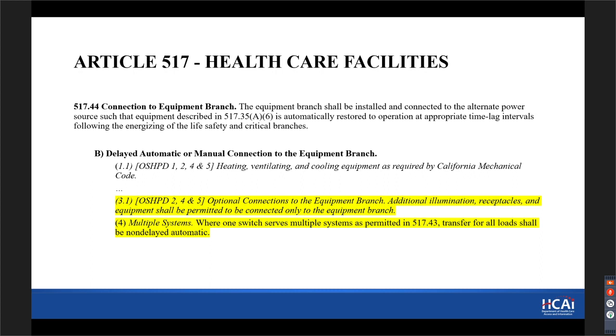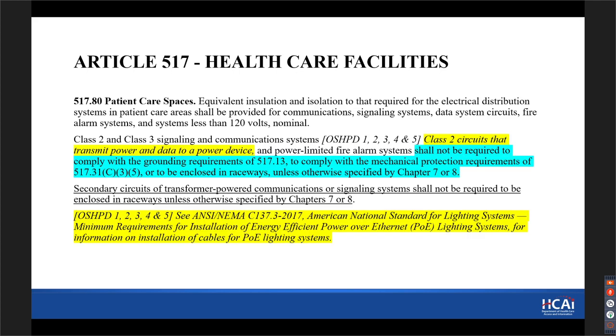Optional connections to the equipment branch are permitted where one switch serves multiple systems because of the size of the generator under 150 kVA, then you would need to transfer all loads within the 10 seconds as required for life safety.